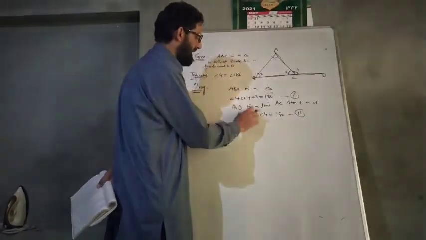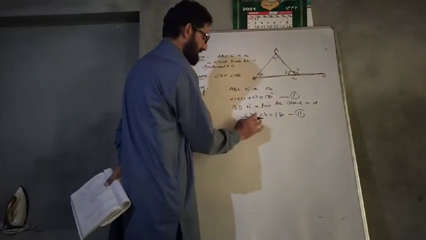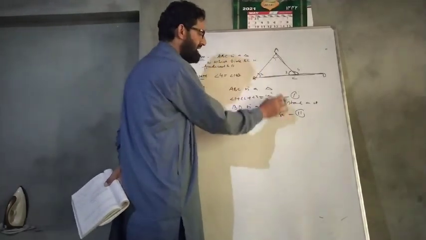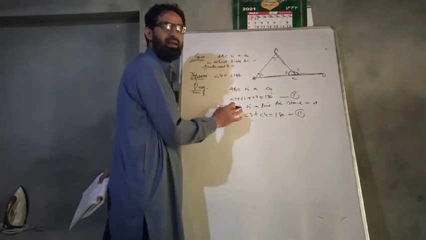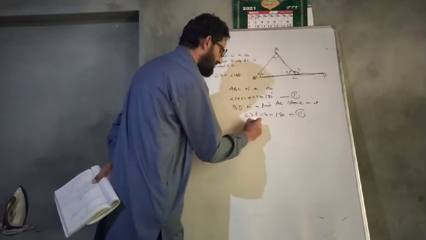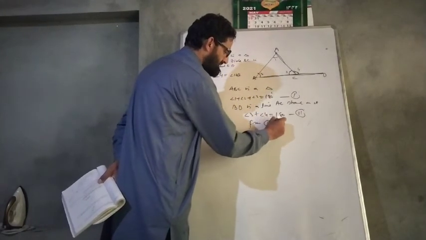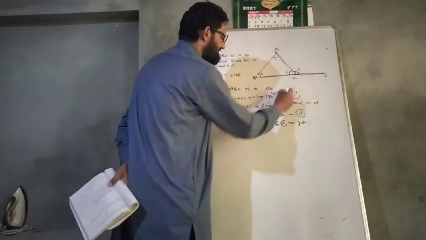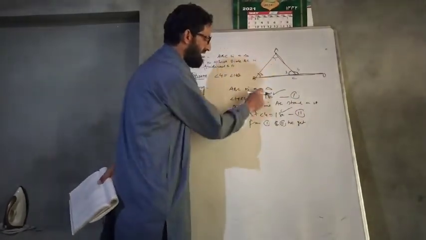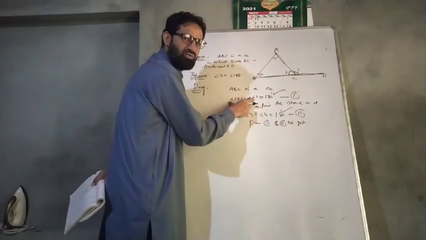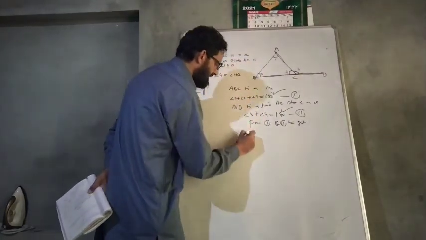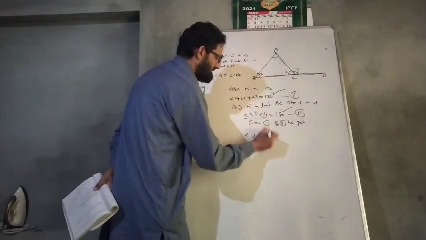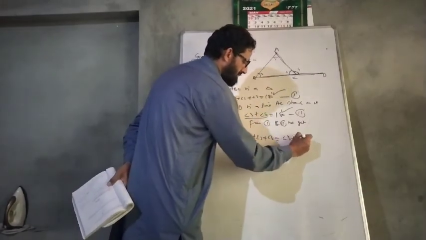Now, comparing first and second, angle 3 plus angle 4 is again 180. So right hand sides are equal, and when right hand sides are equal, left hand sides are also equal. From first and second, the left hand side of the first is angle 1 plus angle 2 plus angle 3, and of the second is angle 3 plus angle 4.